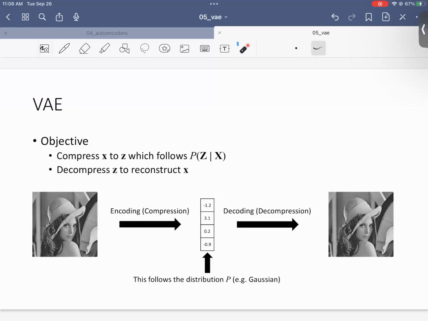So you want to compress and decompress. But there's one more condition that we want to satisfy: we compress X to Z, which follows a certain distribution. We want the latent space to follow a certain distribution. If you remember the AE, there was no guarantee that its latent space looks like a certain distribution.